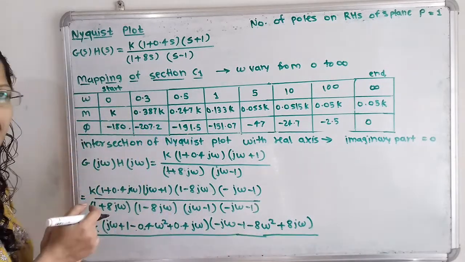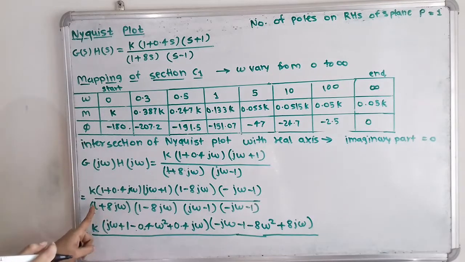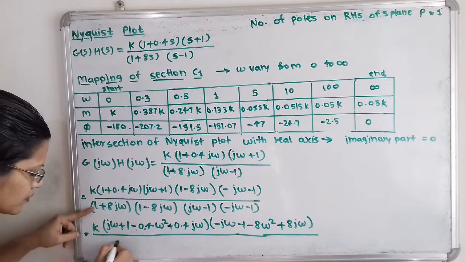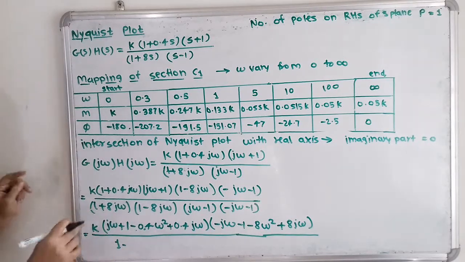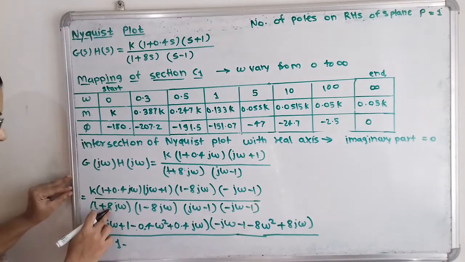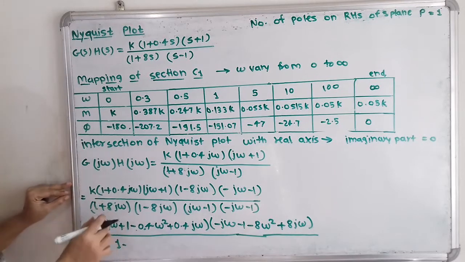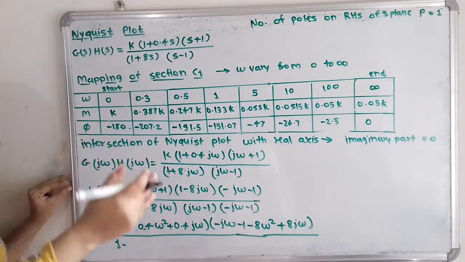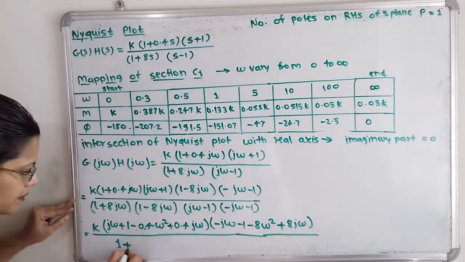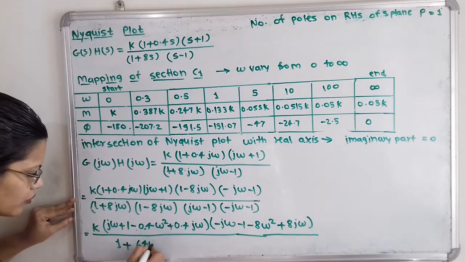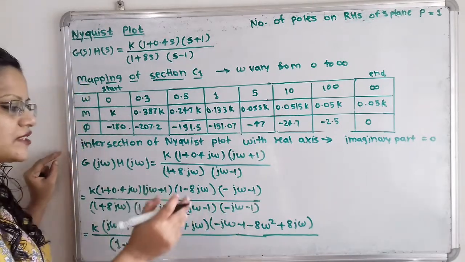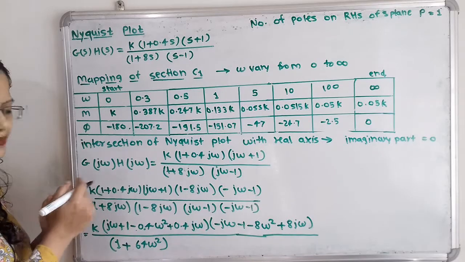Now we will move to the denominator. Here this is a square minus b square, where a is nothing but this 1, minus b square. b square is (8j omega) square, that is 64 j square omega square. j square is minus 1, so this minus minus will become plus 64 omega square. In the same way here is also a square minus b square.